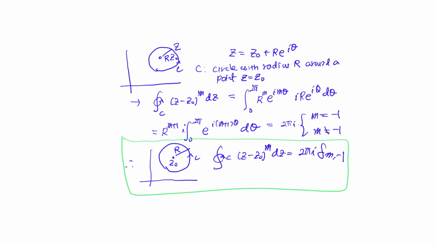So far we have this formula when the curve is a circle, right? What if C is not a circle? What if C is a general curve? So we know that when C is a circle, then we have the previous result, right?